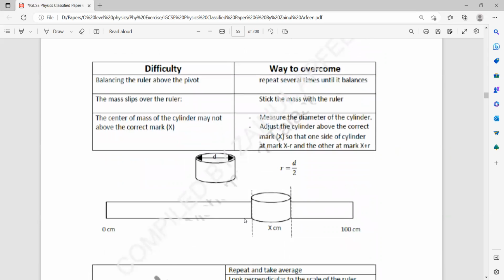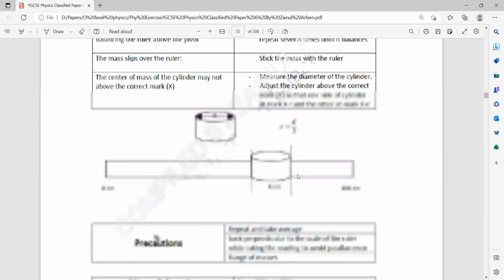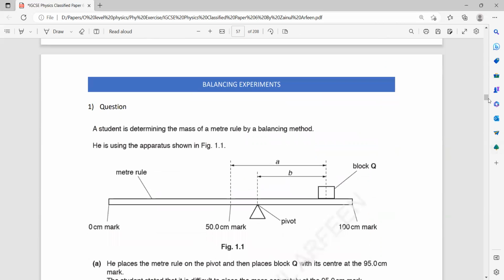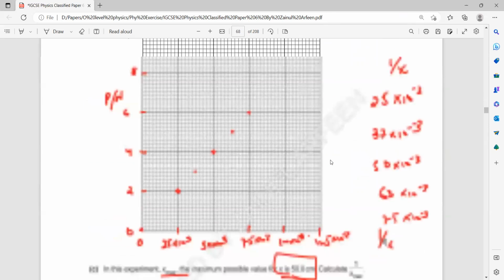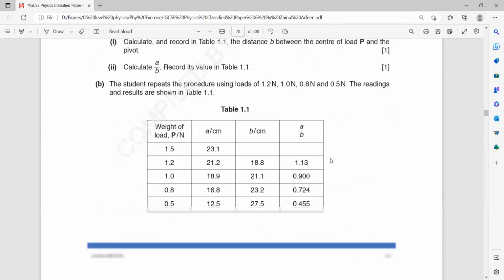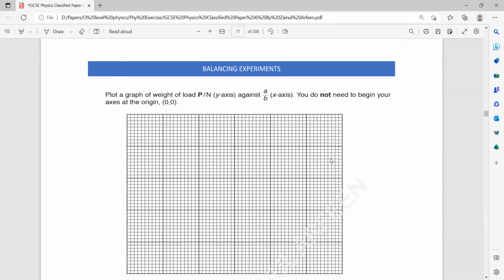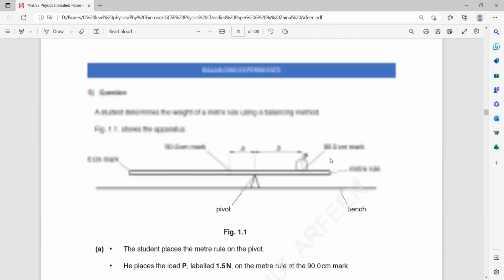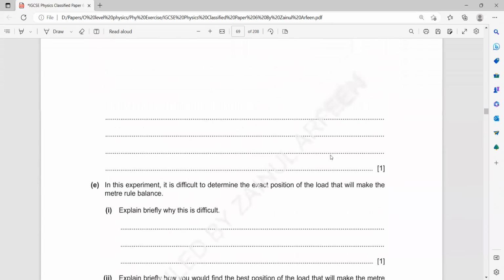Like you take distance before and after and take an average. The same idea. So how do you find the position?